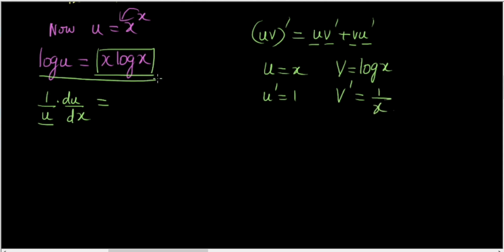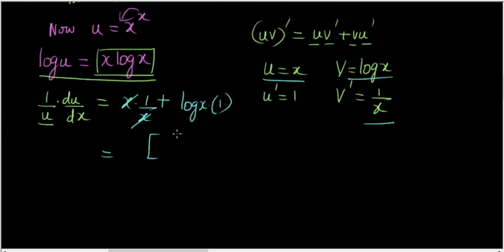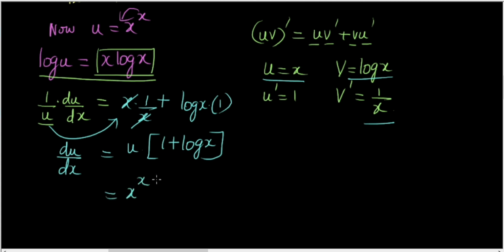So uv dash, here we need to first write our uv dash, which is x into 1 over x, plus vu dash, which is log x times 1. Here x is getting cancelled nicely. So we are getting our simplified version as 1 plus log x, and u comes on the other side, so it goes to the numerator as u, and we know that u is nothing but x power x, and we are writing our inside function as it is.